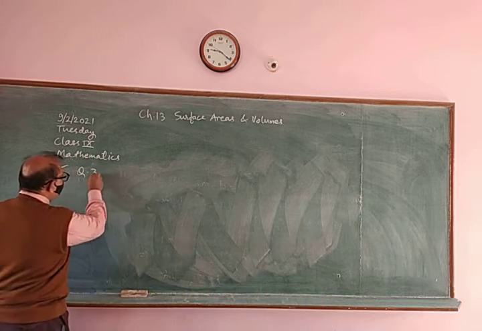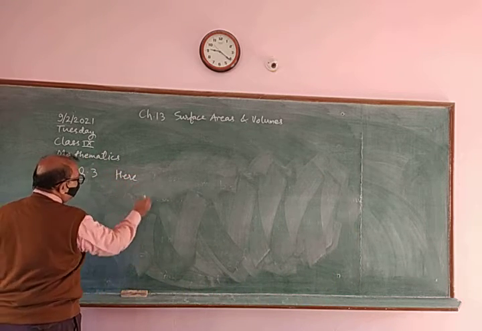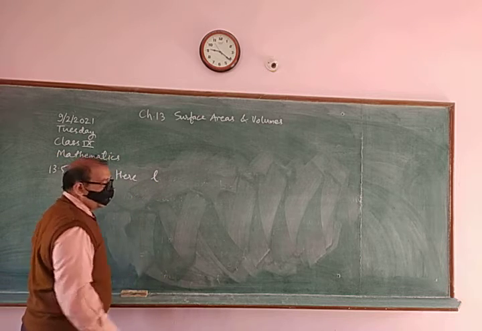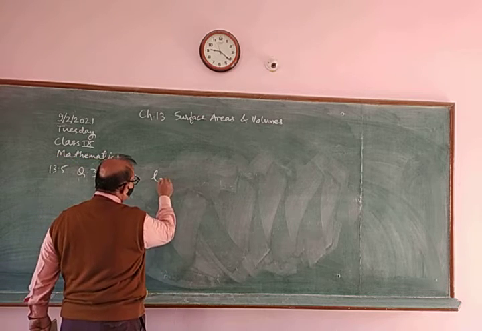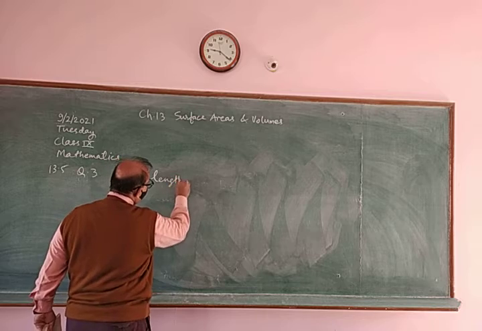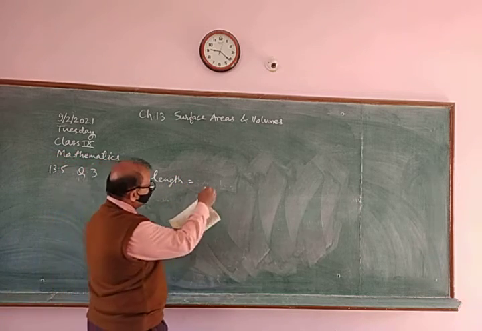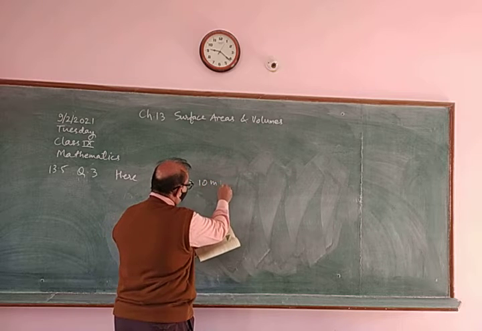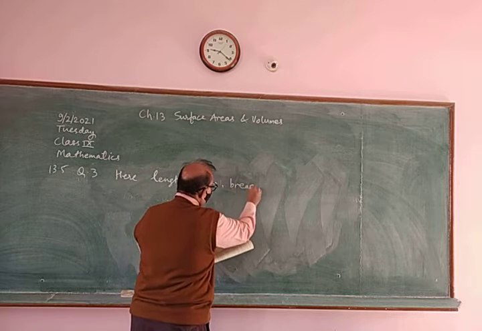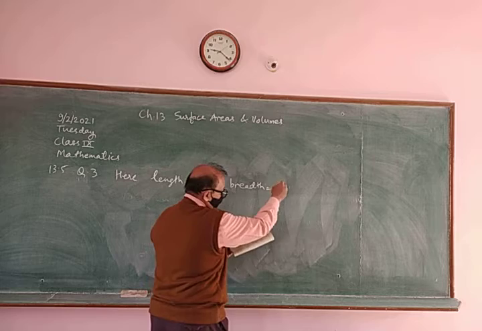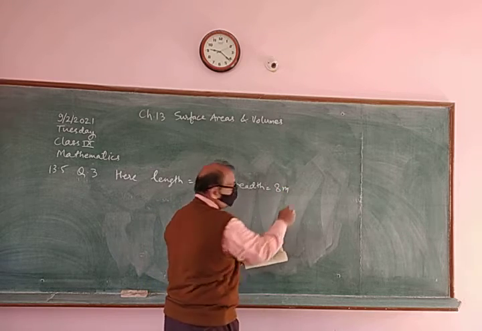Here, question number 3. Length of vessel is equal to 10 meter. Breadth is 8 meter.